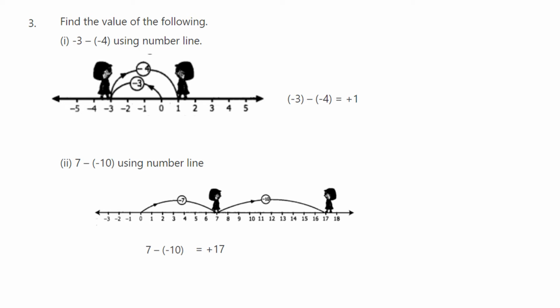Third one, find the value. Minus 3 minus of minus 4 using number line. First you write the number line: 0, minus 1, minus 2, minus 3, minus 4, minus 5, and here also you write positive 1, 2, 3, 4, 5.